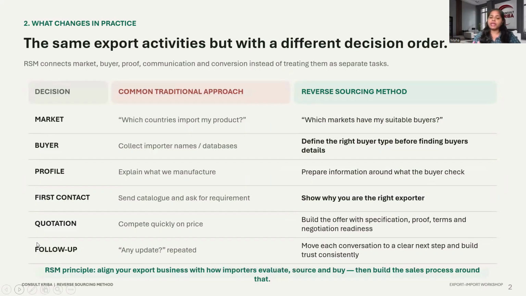Here, reverse sourcing method at every single stage backs you up with the exporter's unique selling proposition, the market happenings, opportunities and evidence. This gives you clarity so you don't have to worry about whether anyone will buy from you. It's all about why someone should buy from you.